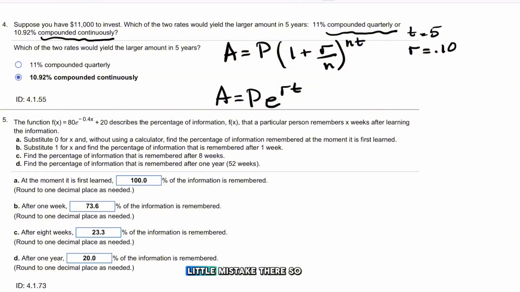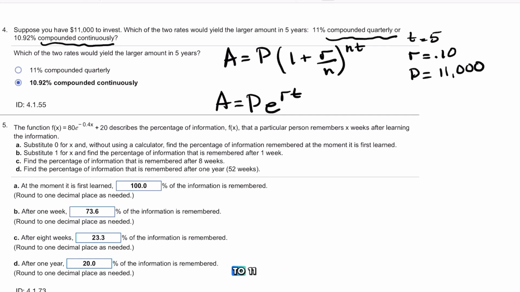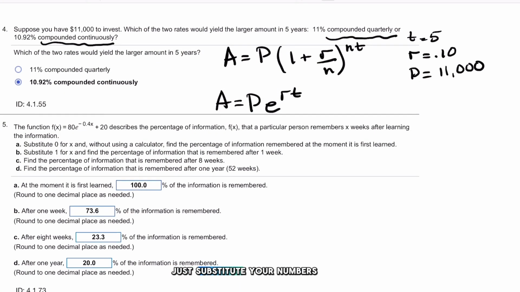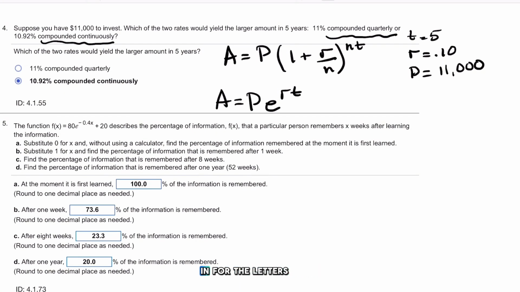So I made a little mistake there, so you can just put in your 0.109. It's not that big of a difference. It kind of rounds to 11, and so you just substitute your numbers in for the letters.